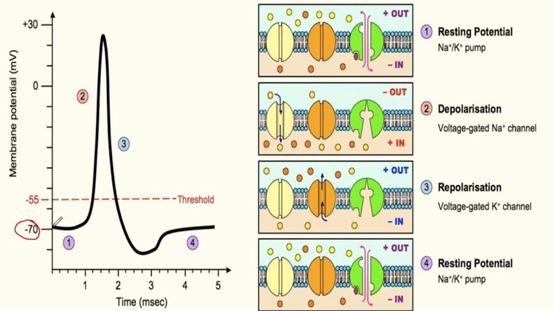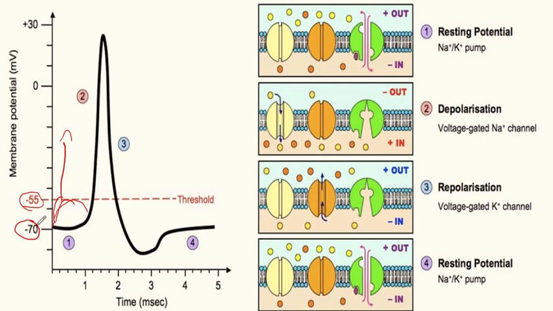Now, if the stimulus is strong enough to reach negative 55, between negative 50 to negative 55, this we call threshold potential. If the stimulus is strong enough to go above this, it will fire an action potential.